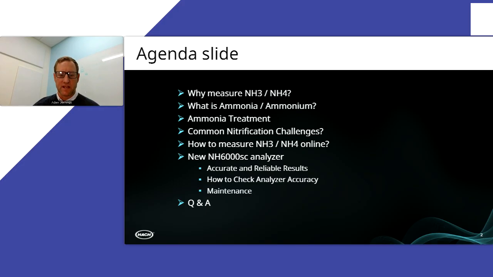We'll cover some nitrification challenges, talk about some of the different technologies that we use in the field for measuring NH3 and NH4 online. And then we'll get into a new solution that we have available at Hach to help folks in the field better understand and monitor and control processes for ammonia removal. Then we'll get some Q&A at the end, so you'll have some time to ask some questions if you have any.